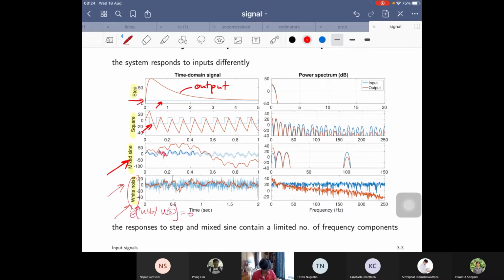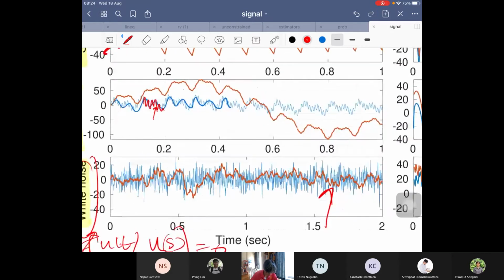Okay, so what happened now has nothing to do with what's gonna happen next. So it is the most unpredictable signal, white noise. So you see that it's all very highly fluctuated, and your response y is smoother, kind of smoothened a little bit, but still contains some fluctuation.